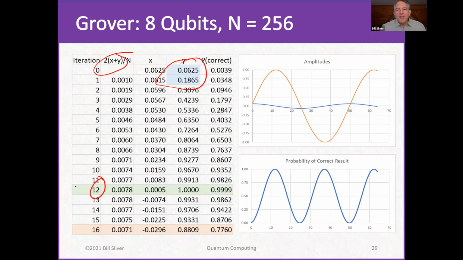All right, that's what it is. So then I quickly realized, oh, of course, this really is a sine wave. All right, the orange one, which is the y amplitude, is a sine wave. And I'm looking for that peak right there. And the blue one is a corresponding cosine wave.